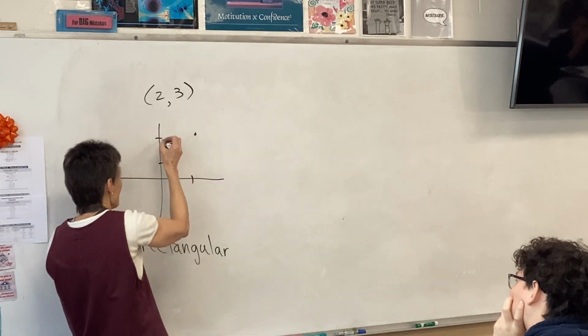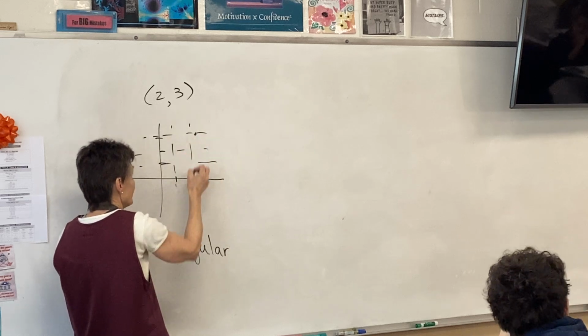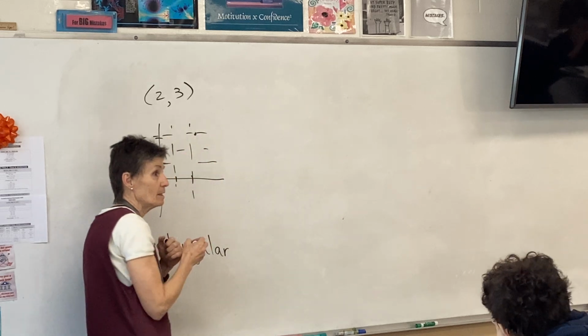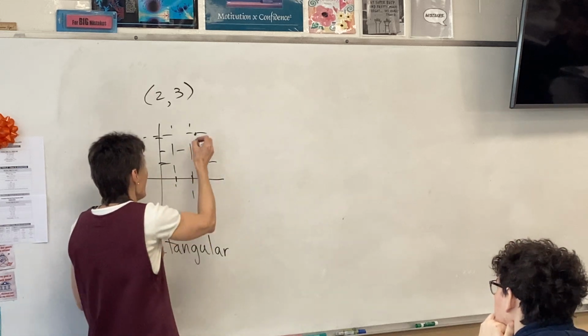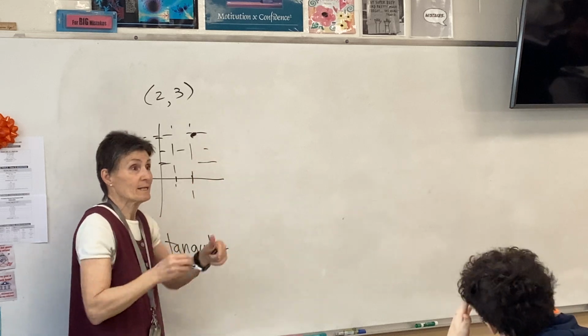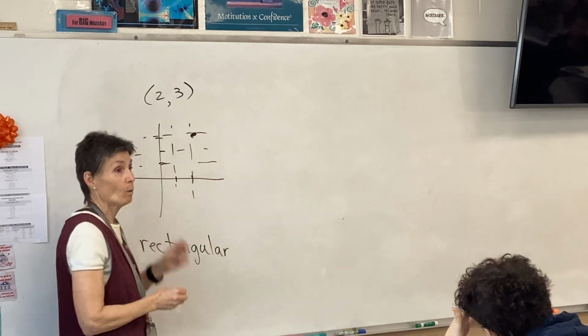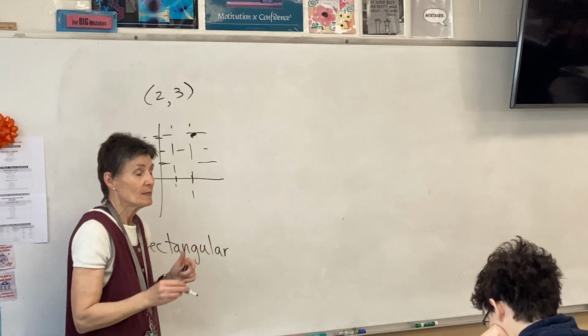Your graph paper consists of a bunch of squares, doesn't it? Little rectangles, called a rectangular system. There is only one name for that point in the rectangular coordinate system. That point is 2, 3, period. There's no other name for it.